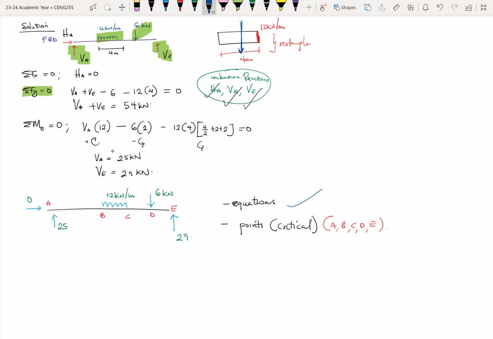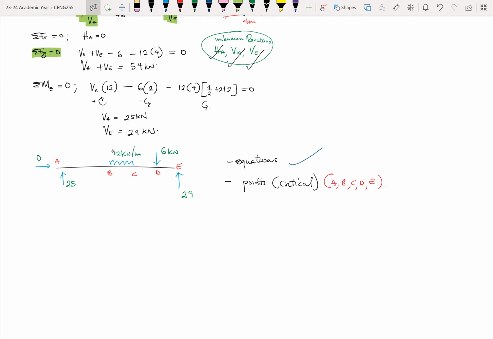Some of the deflection methods, you need to formulate equations, and that's what you can use to solve some of these deflection problems. Okay.